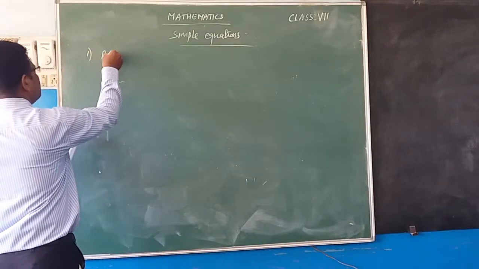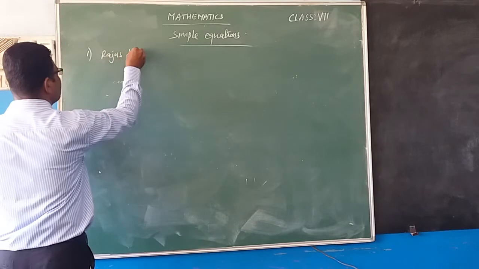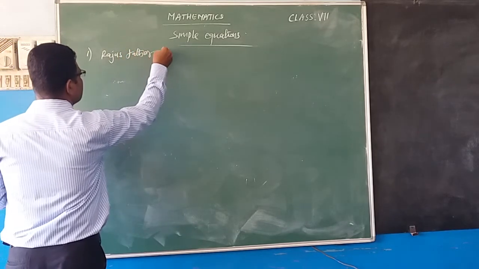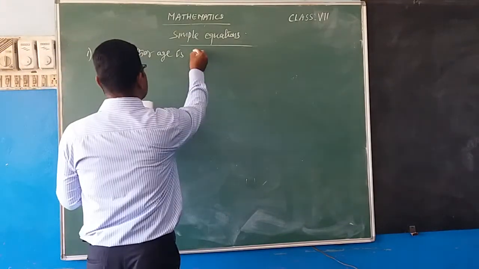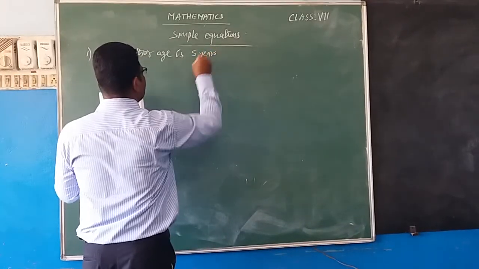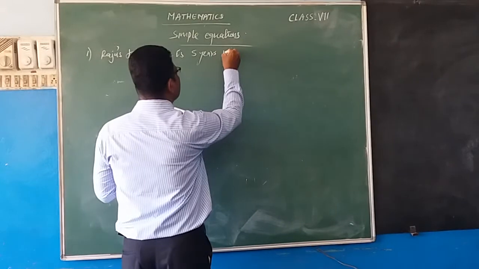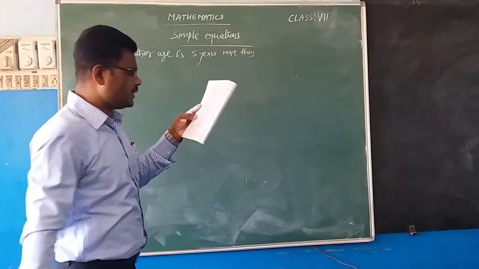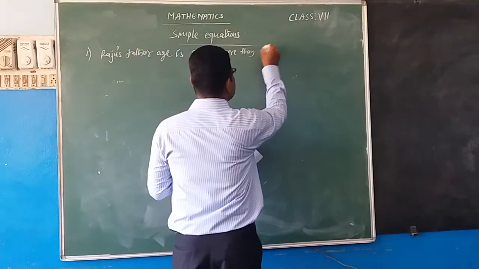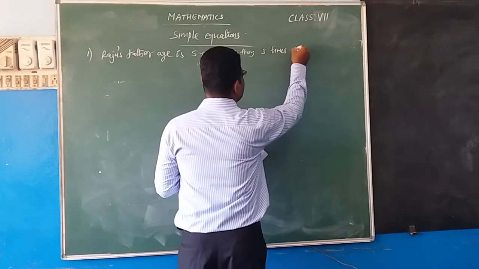Raju's father is 5 years more than 3 times Raju's age.